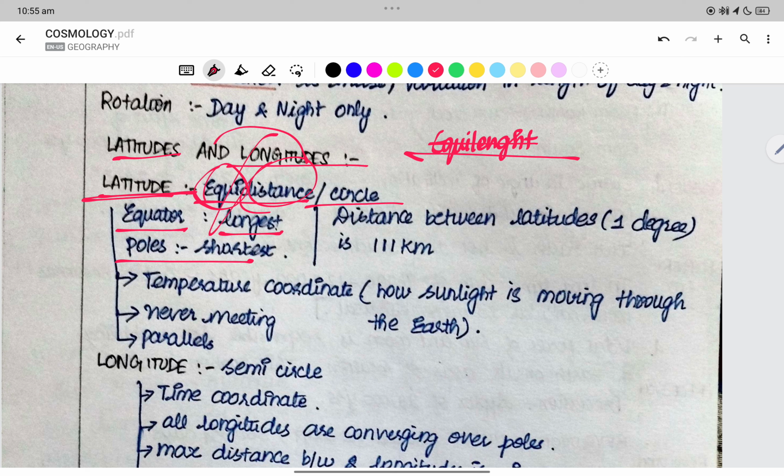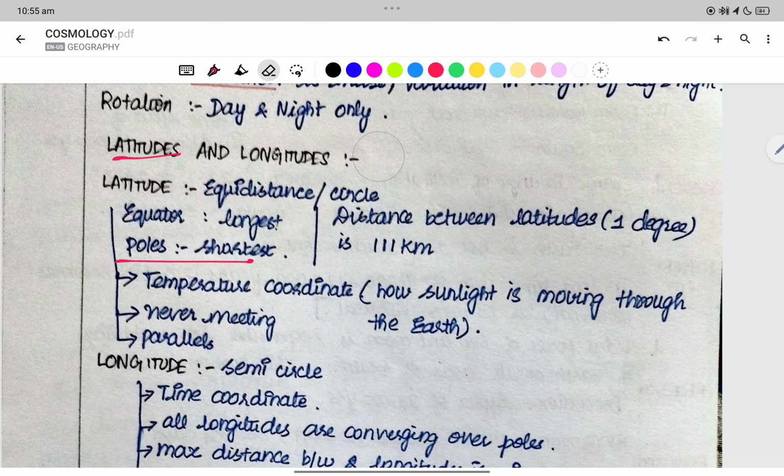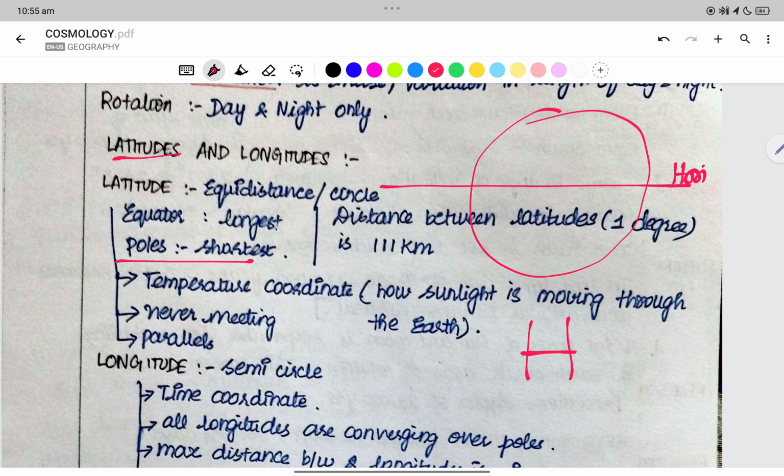So we first have to know what is latitude and longitude. Now this is horizontal, this is horizontal. Now in H we have only one line, right? So we have to remember this line. When you write H, you put two straight vertical lines and one horizontal line, right?